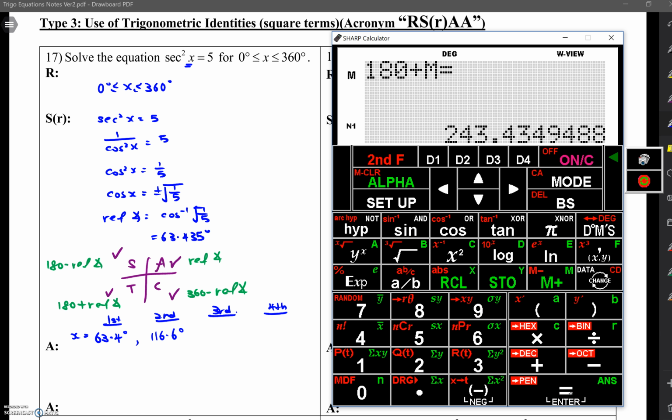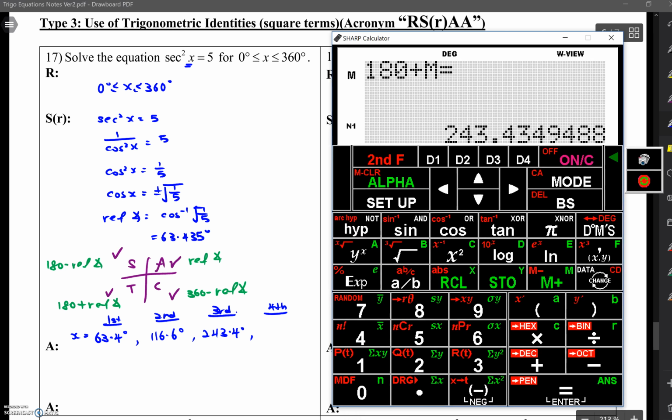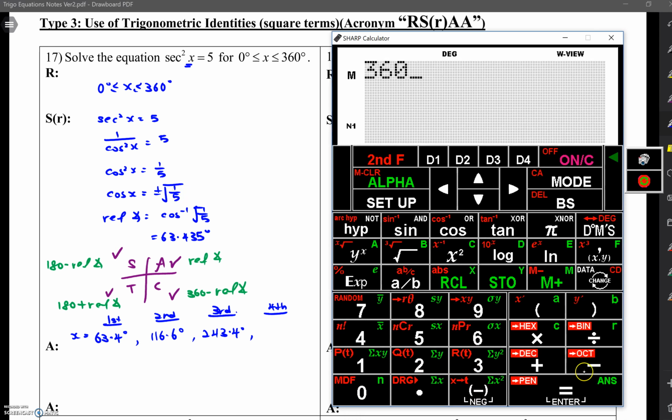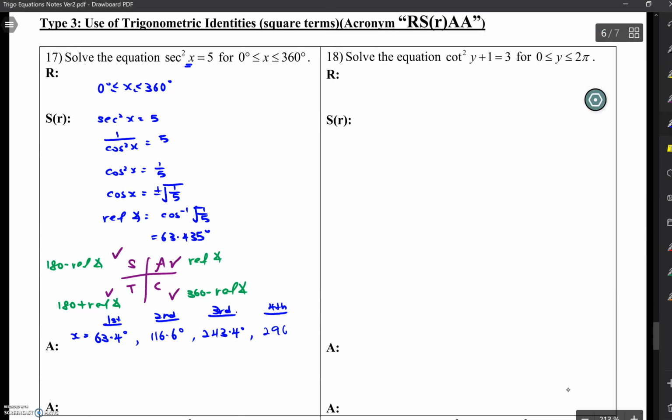Okay, and I'll get 243.4 degree. And of course the final answer, I just need to take 360 minus my recall memory. And I'll get 296.6 degree. Ta-da! And that gives me my final answer.